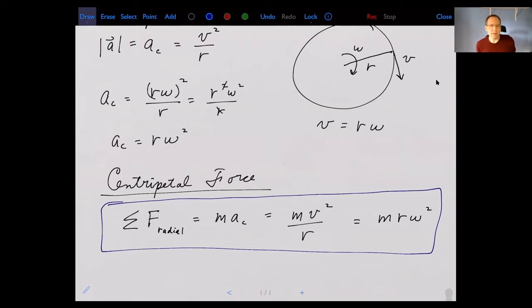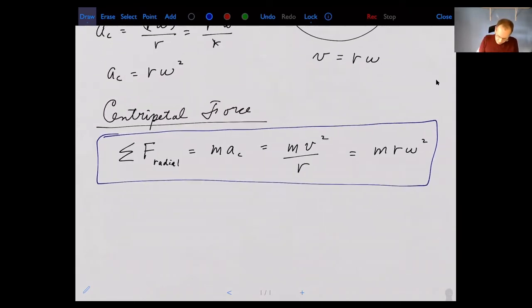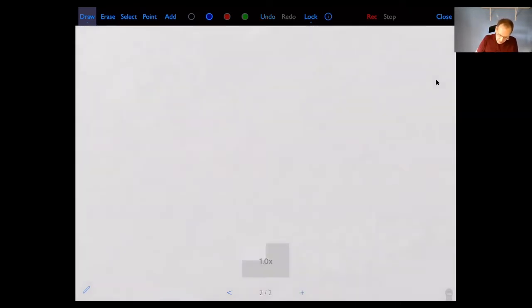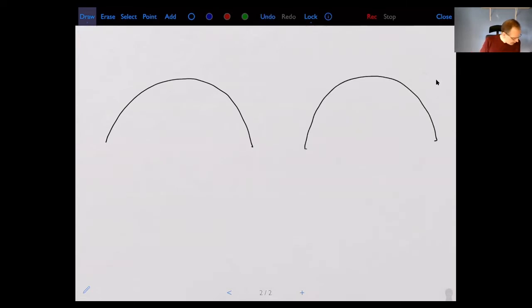All right, the second thing I want to talk about deals more with the roller coaster track and the loop track. Actually, let me go to a new page here. So let's say we have a curved surface, and we're going to assume it's circular. In one case, we have the ball rolling on top of it, like a roller coaster.